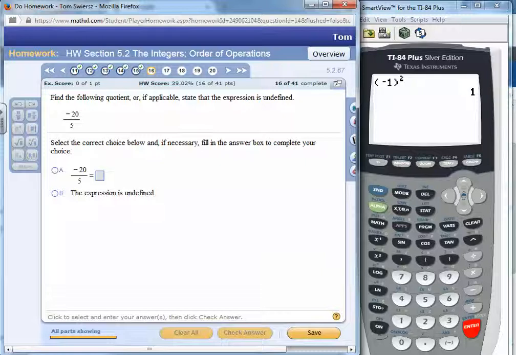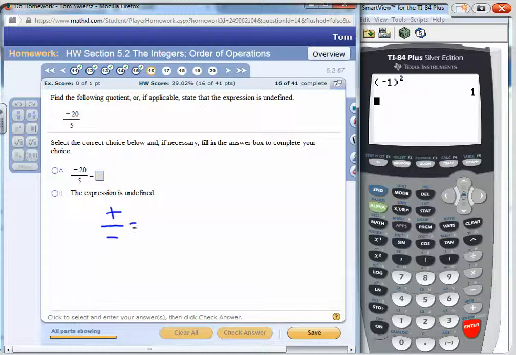For number 16, we have negative 20 divided by 5. A fraction means division. The basic rules for division are the same as multiplication. A positive divided by a negative is a negative, or a negative divided by a positive is a negative, and then a negative divided by a negative is a positive, or of course positive divided by positive is equal to a positive.